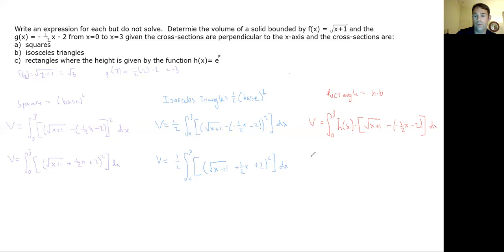And when we clean up the whole thing, we have from 0 to 3, h of x was e to the x times the square root of x plus 1 plus 1/2 x plus 2.